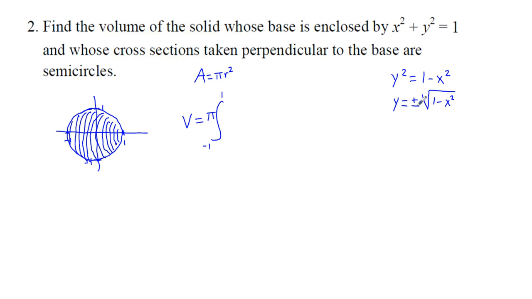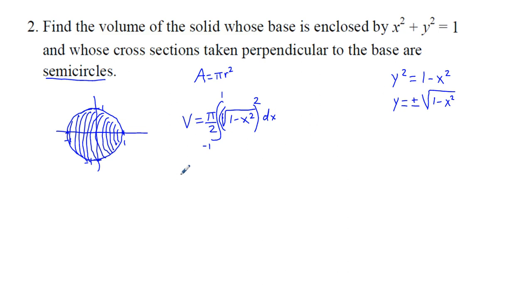And the value of our r is going to be this square root of 1 minus x squared, and we're going to square that, and then dx. And since we're talking about a semicircle, we're not talking about a sphere on the bottom. We're going to divide this pi in front by 2.